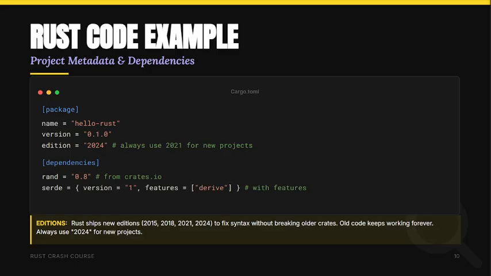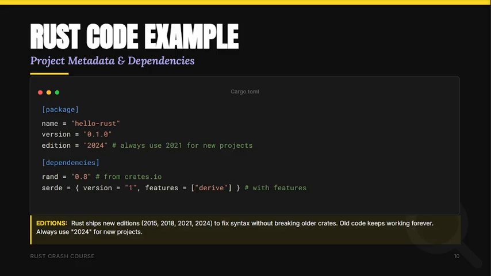We're also adding serde, with the derive feature enabled. Serde is used for serialization and deserialization, and it's used heavily in smart contract development.